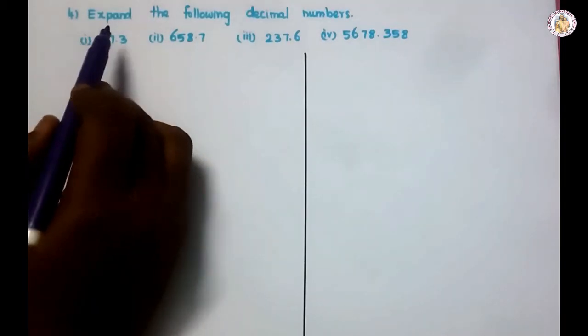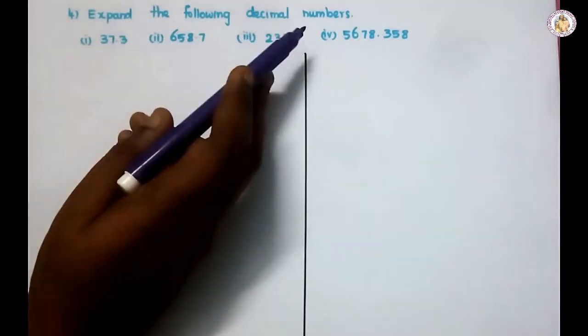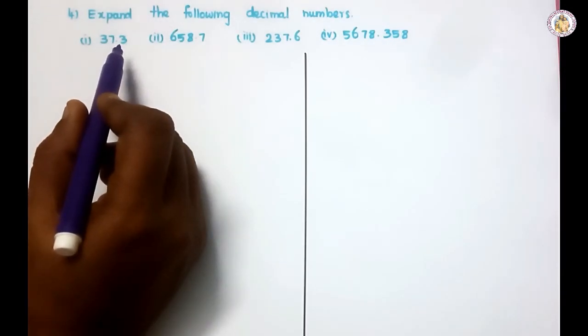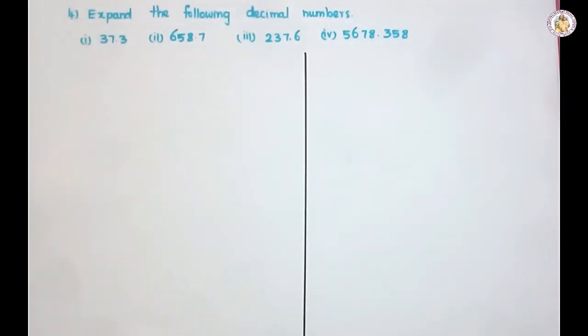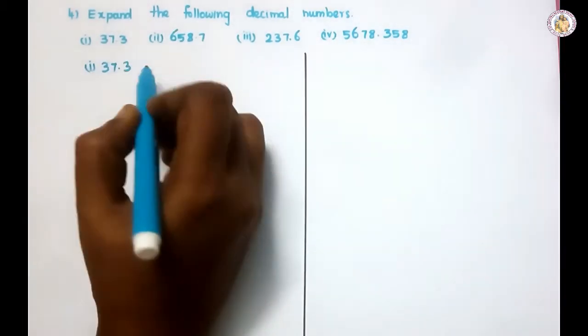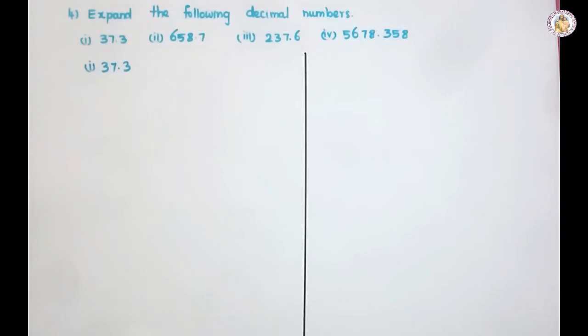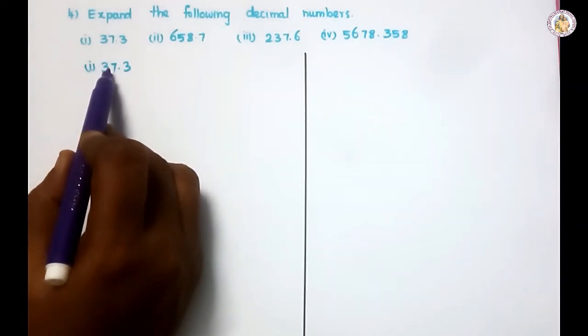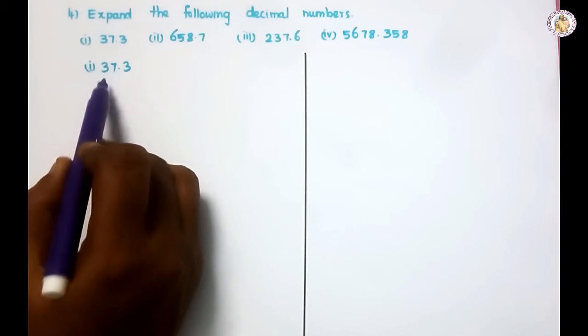Fourth sum, expand the following decimal numbers. First one, 37.3. Listen here. Here the whole number, that is 37, ones, tens.